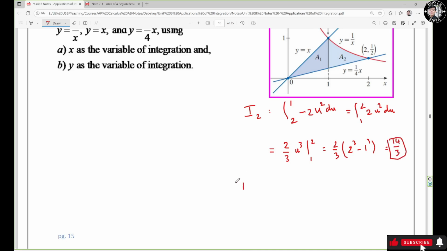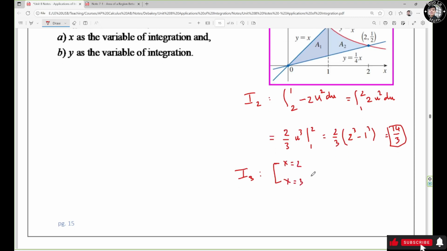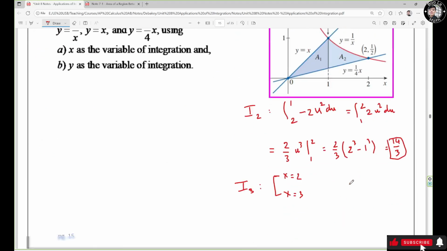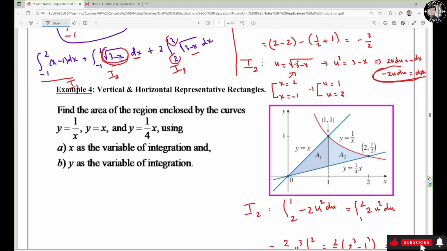Now I3, I do exactly the same thing. The only thing different right here is the bounds. The lower bound s equals 2, the upper bound s equals 3. Then u becomes, substitute 2 for s, u becomes 1.